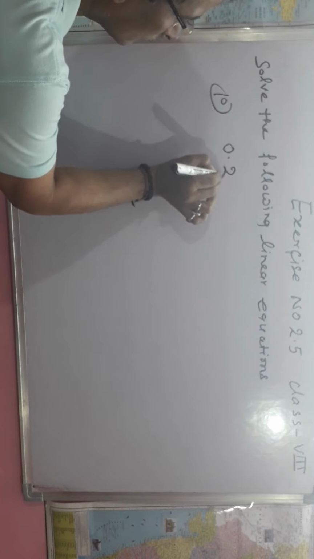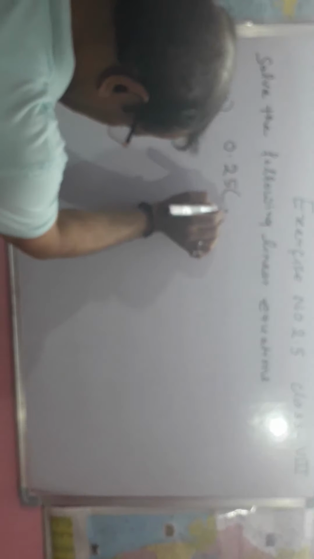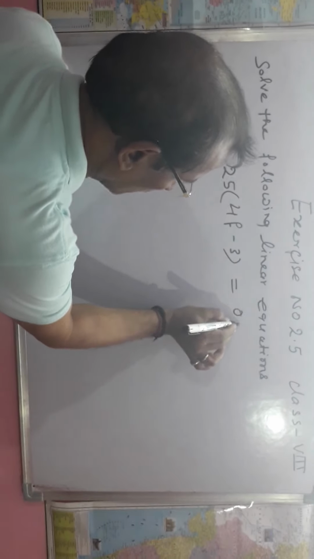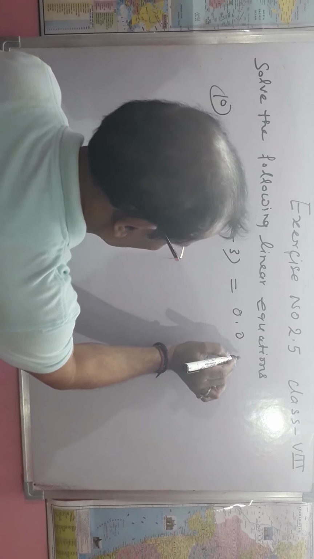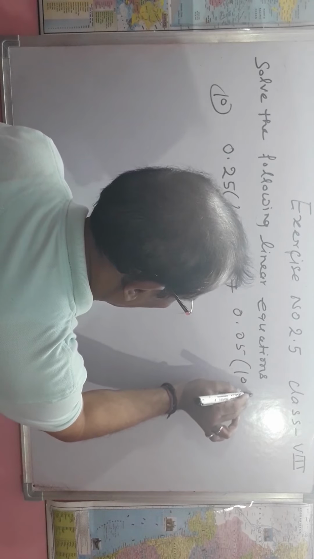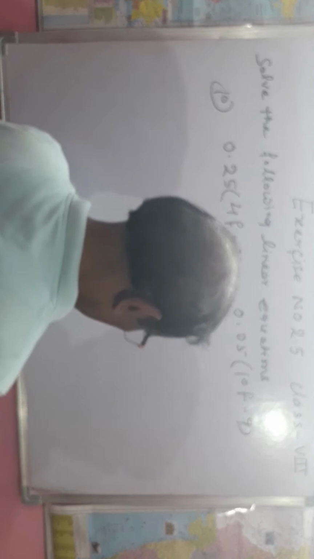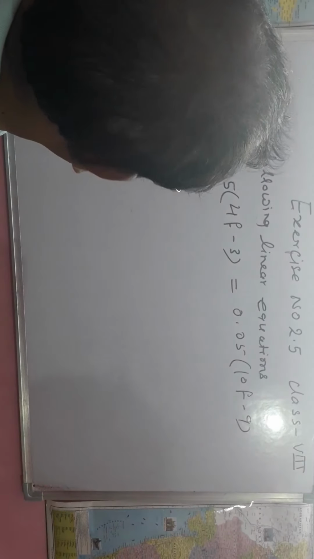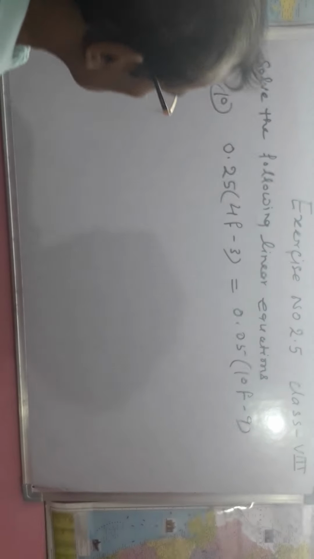0.25 bracket (4f minus 3) is equal to 0.05 bracket close (10f minus 9). It is the last question of this exercise, so we will solve it.